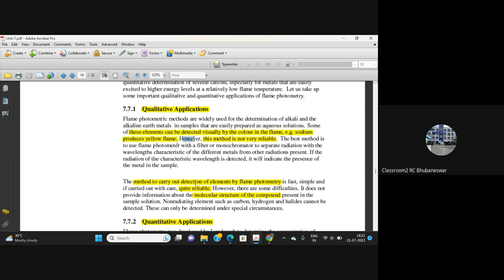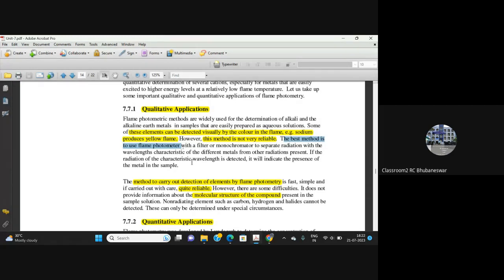However, this method is not reliable. If you are just doing a flame test, this is not reliable. So what is the best method? The best method is to use the flame photometer. Just a flame test doesn't help; you are only knowing that it is sodium or some alkali or alkaline earth metal.